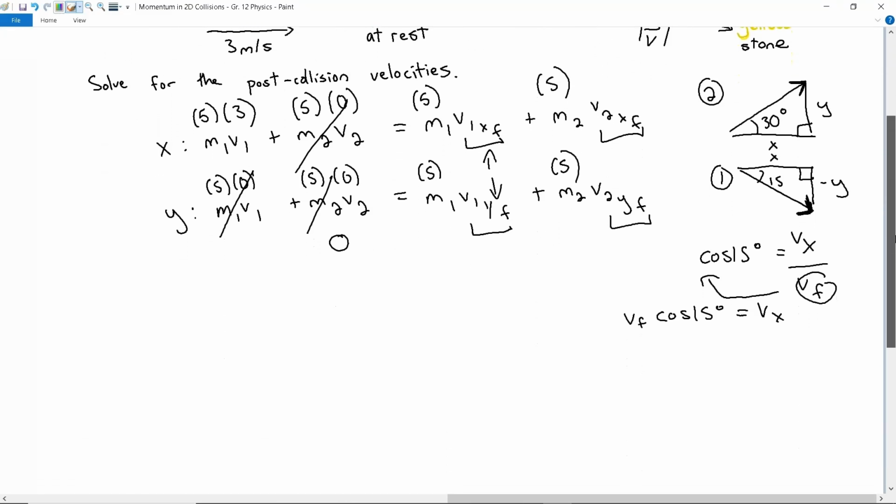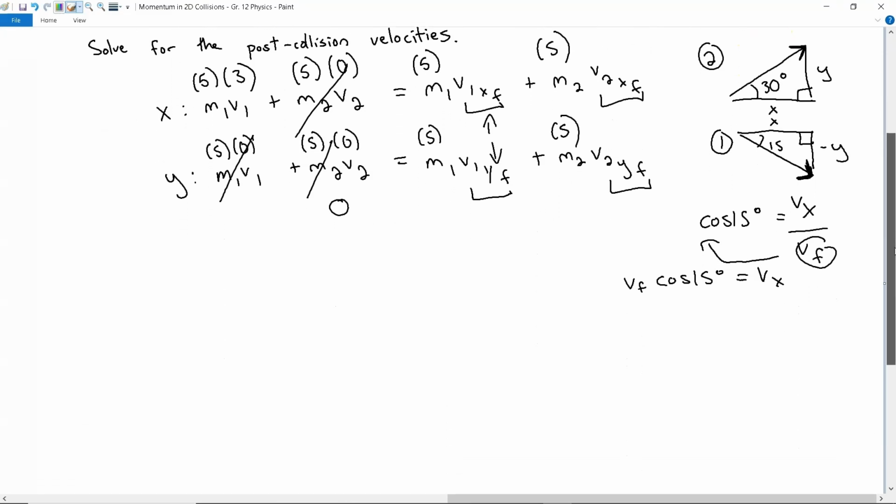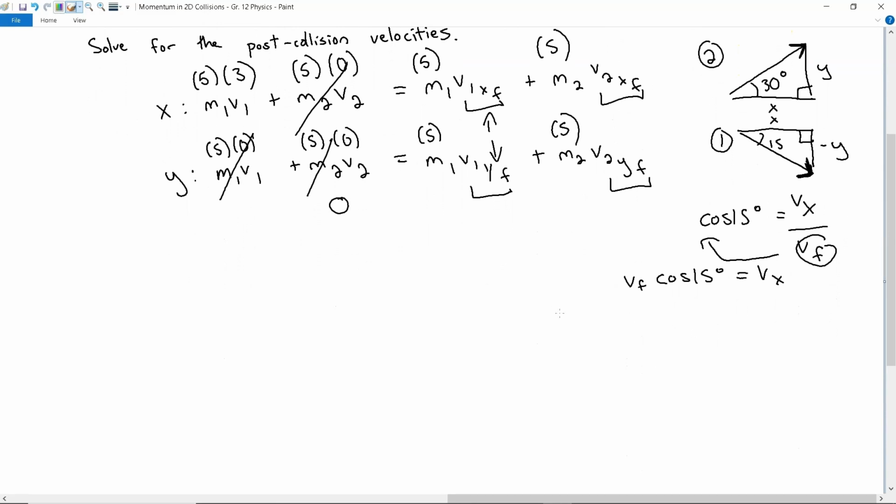So let's get a bit more space down here. What I can do is rewrite these two equations using cos in the x dimension and sine in the y dimension. So let me show you how I would do it with sine using the same object.